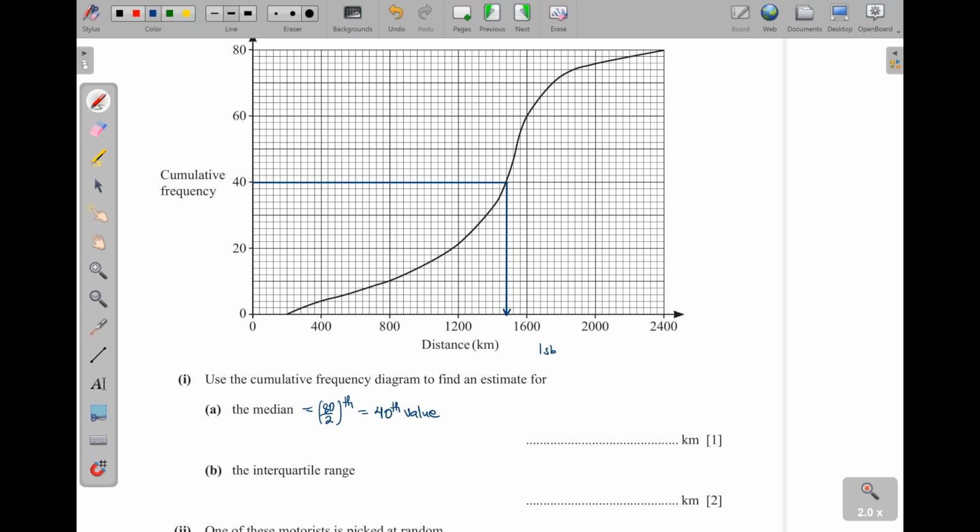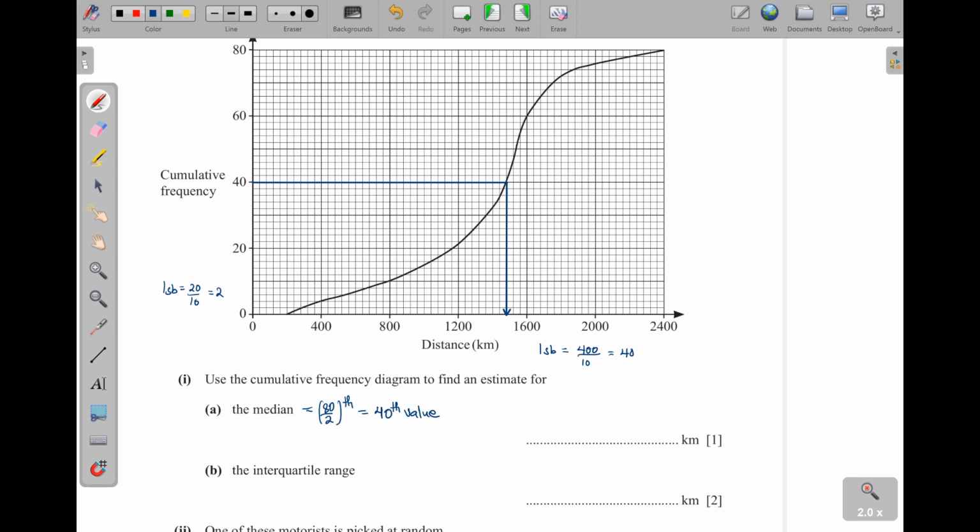One small box is equivalent to, what are they adding every now and then? Those are 400, so they are adding 400 for every 10 small boxes. So that means each small box is equivalent to 40. And then up here, one small box is equivalent to 20 out of 10, which will be 2.